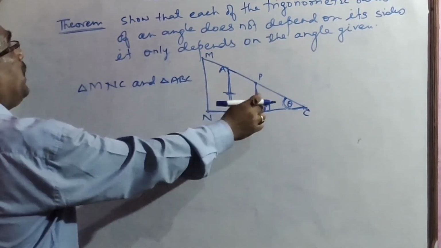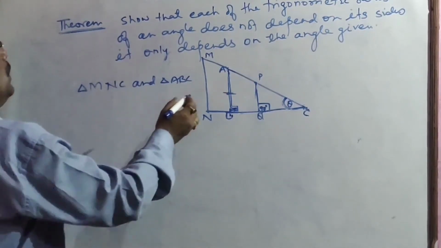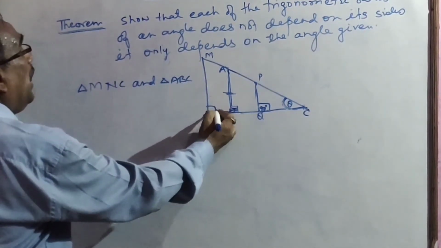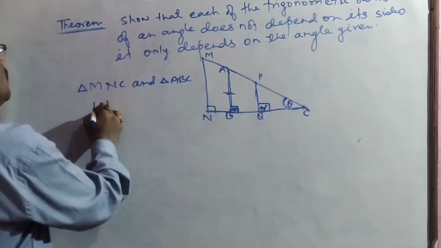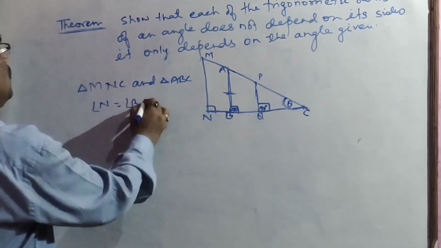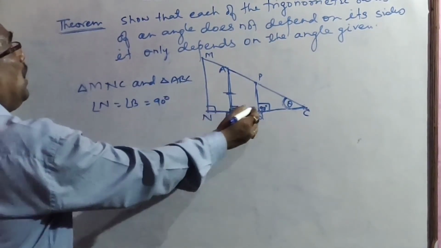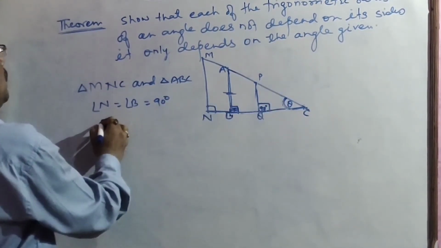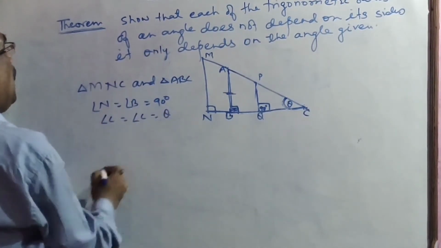In these two triangles, we observe that this angle is 90 degrees and this angle is 90 degrees. Angle N is equal to angle B, which is 90 degrees, and angle C is equal to angle C, which is theta.